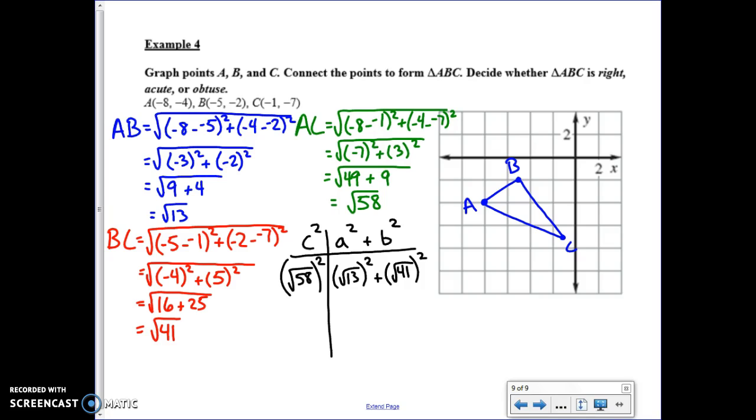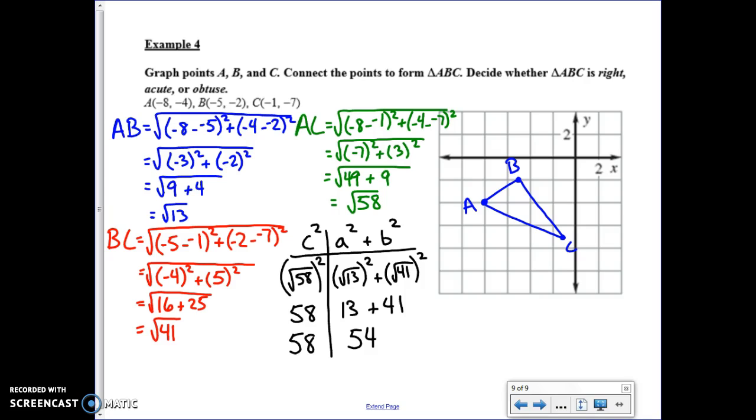Okay, here's a really nice thing. When they're under the radical, taking the square root and squaring something are opposite operations, so they just cancel each other out. So the square root of 58 squared is just 58. The square root of 13 squared is 13. The square root of 41 squared is 41. So 13 plus 41 gives us 54.